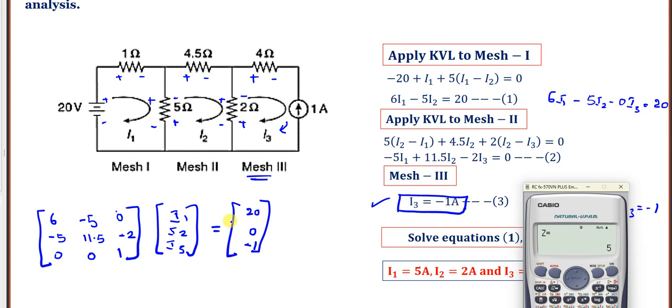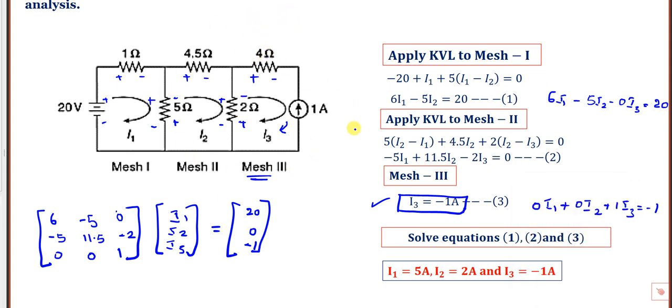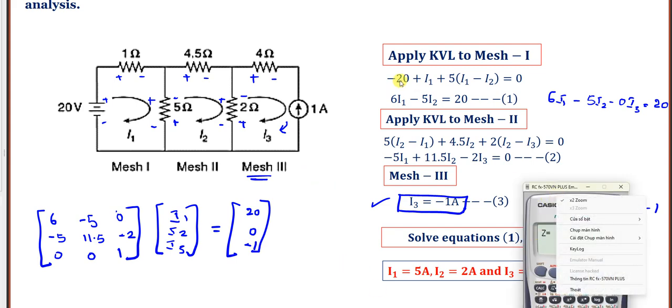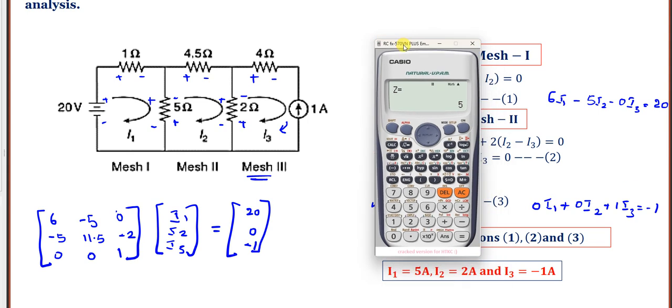Now you can solve these equations using a calculator. In the calculator, go to mode, equation number 5, second option, 3 unknown variables.